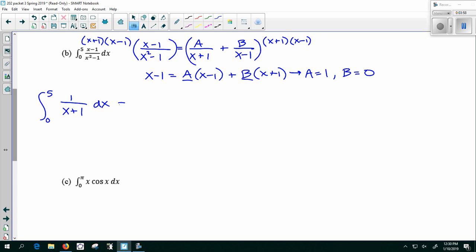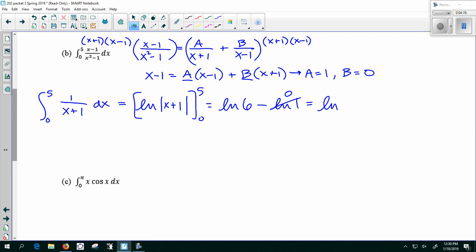And then the antiderivative of 1 over x plus 1 is the ln of x plus 1. And we're going to evaluate this from 0 to 5. So when I plug in the 5, I get the ln of 6. When I plug in the 0, I get the ln of 1. But the ln of 1 is 0. So this is just ln 6 minus 0, which is ln of 6.